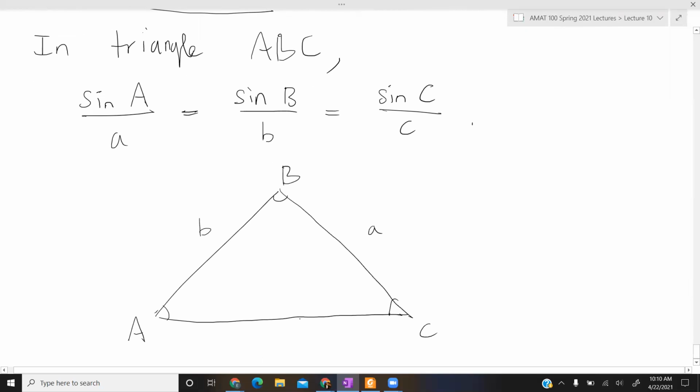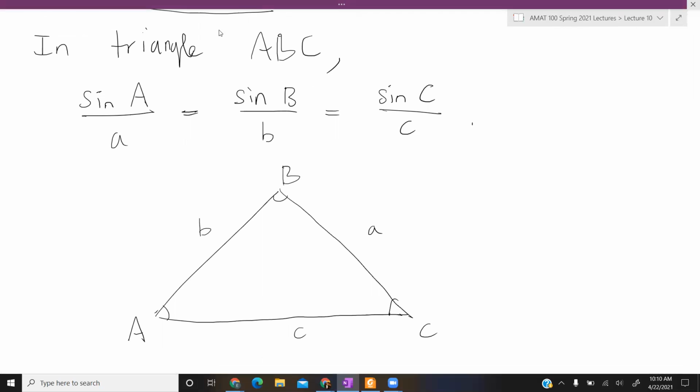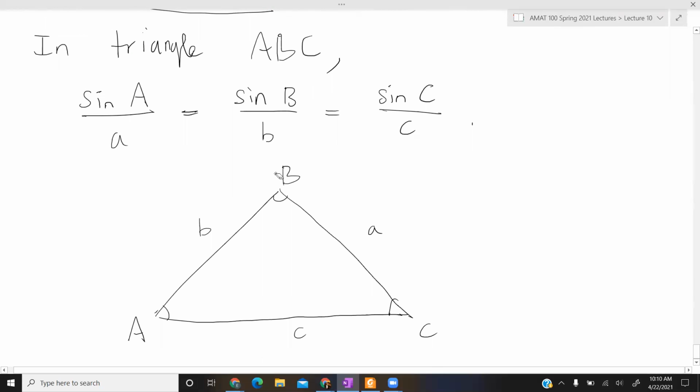You have to be careful about how you label the sides. In fact, I did not label it correctly myself. So we have to be careful about how you label the sides of the triangle. Otherwise, the equation will not be valid.